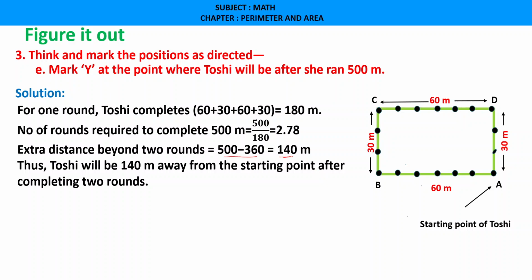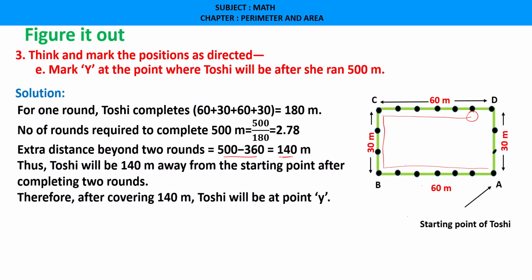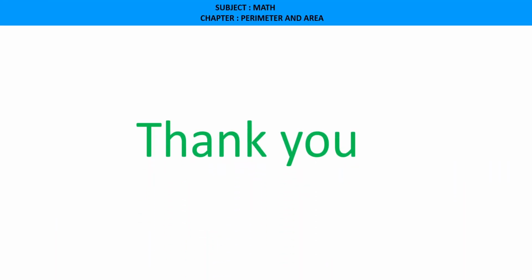Thus, Toshi will be 140 meters away from the starting point. To get 140, we can add 60 plus 30, this is 90, and 90 plus again 50. So, Toshi will be at this point after completing 2 rounds. Therefore, after covering 140 meters, Toshi will be at point Y. So, we are notating the point Y as per the problem. Thank you.